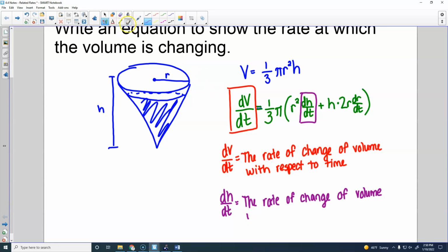Oh, no, sorry, not volume. Sorry, I was copying everything there. You copy most everything, but the rate of change of, not volume, but height, with respect to time.